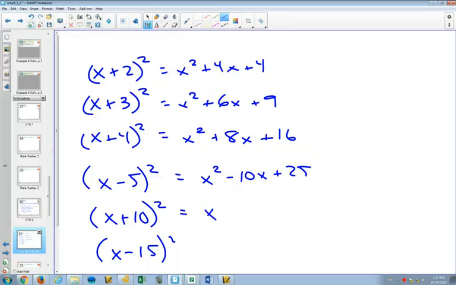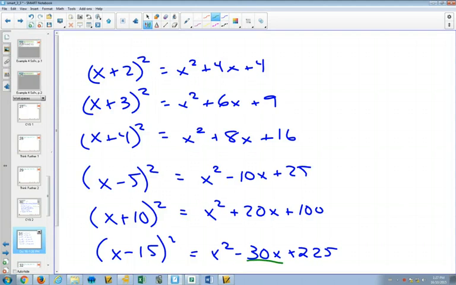And the first pattern I want you to notice is with that middle number. So looking at this middle number, because that's going to be a hint for us, how is that middle number related to this number? It's always double, right? And that always happens because when you square something, your outside and inside are going to be the same thing twice.